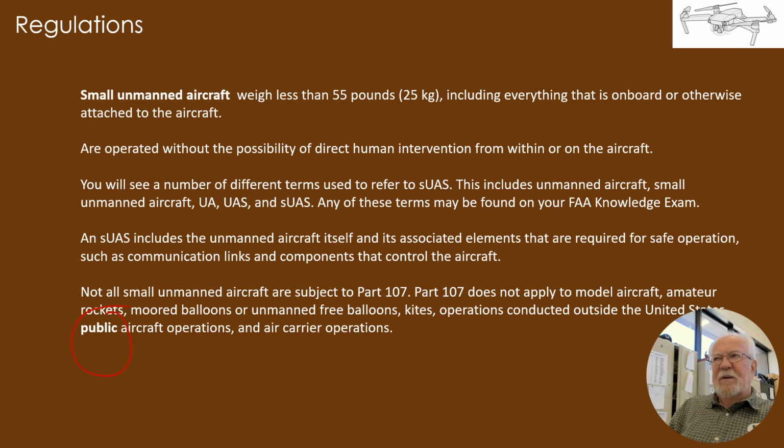That might be the easiest way to know. It's government, police, fire departments, military. And air carriers, obviously airlines, are a different category, not subject to 107. We are called civil operators, civil operations.